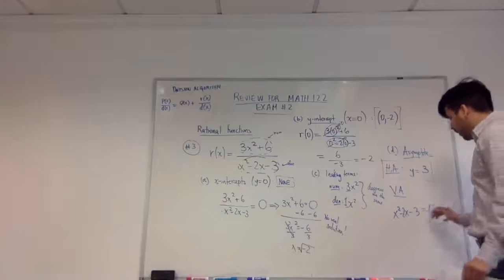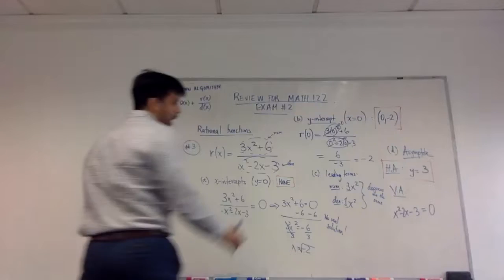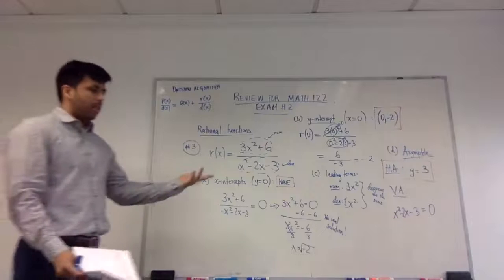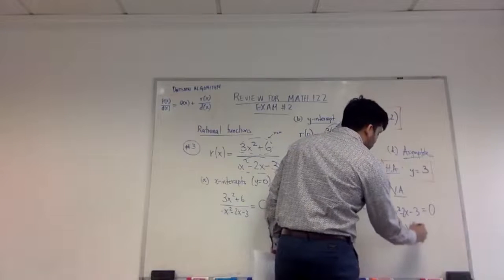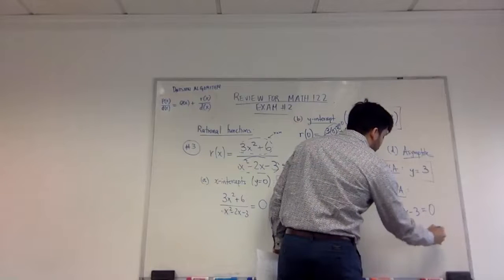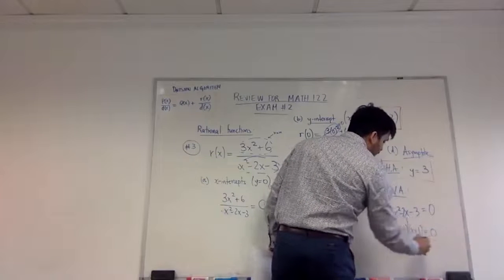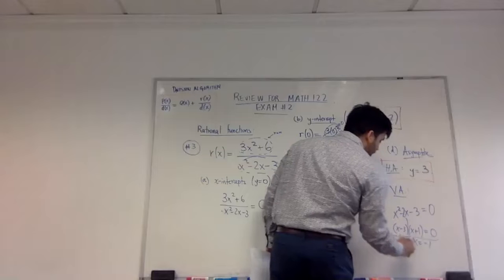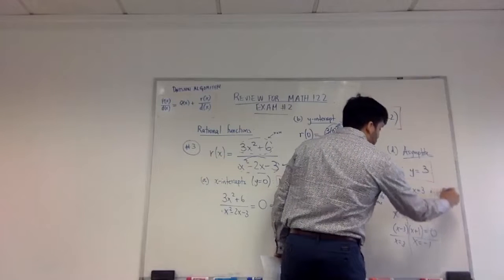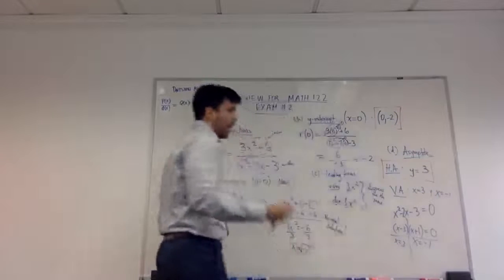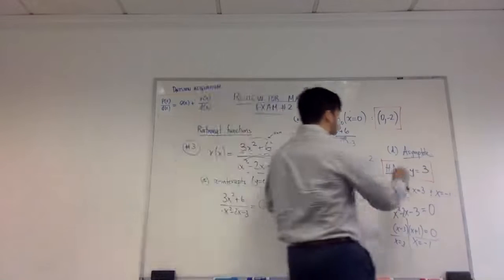And the nice thing is that this denominator, which is a quadratic, can be factored into (x - 3)(x + 1) = 0. So then you solve, and you get that x equals -1, and x equals 3. So I actually have 2 vertical asymptotes.